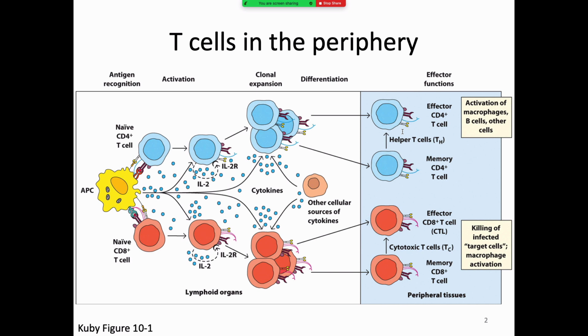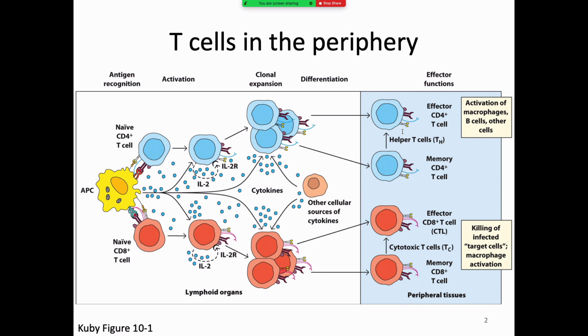And so this is the general process that we're going to be talking through today, Friday, and a bit on Monday as well. So what you can see here is that our T-cell can interact with some cell presenting antigen. Whether that cell is presenting antigen on MHC class 1 or MHC class 2 will differ based on whether we're talking about a CD4 T-cell or a CD8 T-cell.